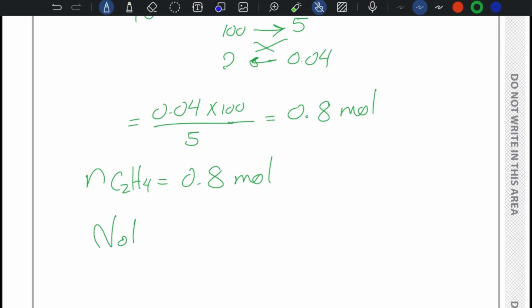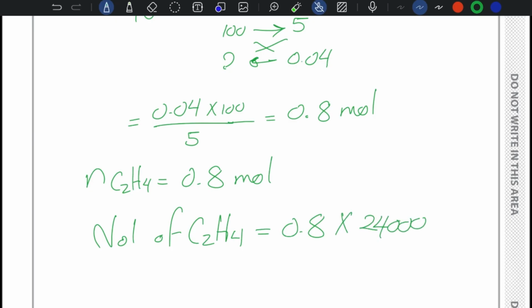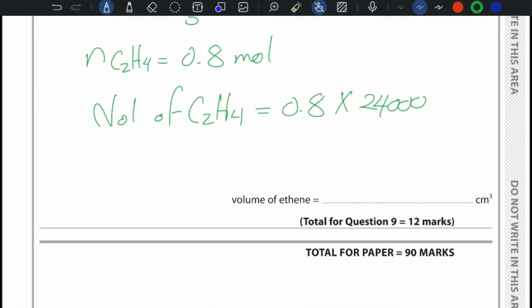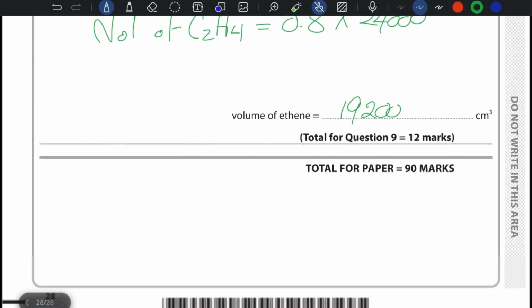Volume of C2H4 is equal to 0.8 multiplied by 24,000, because he is asking about volume in cubic centimeters. If in cubic decimeters, we mention 24 cubic decimeters. So the volume of ethene will be 19,200. And this was the last question of our exam.